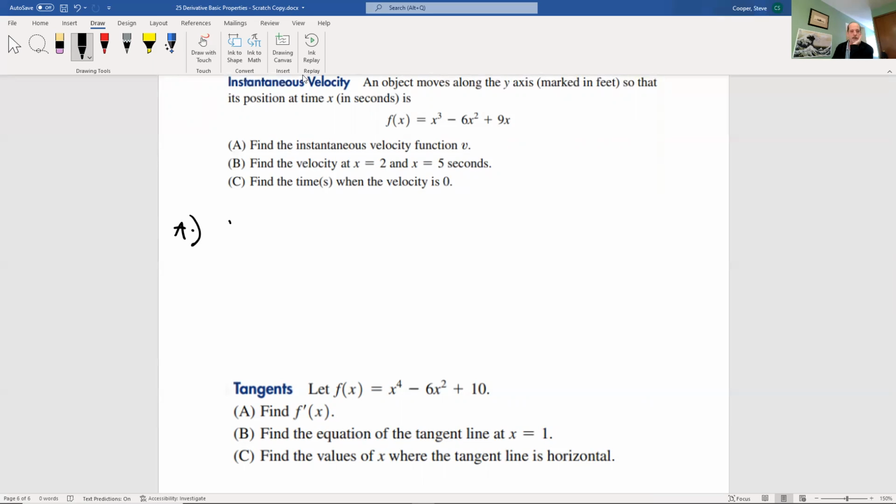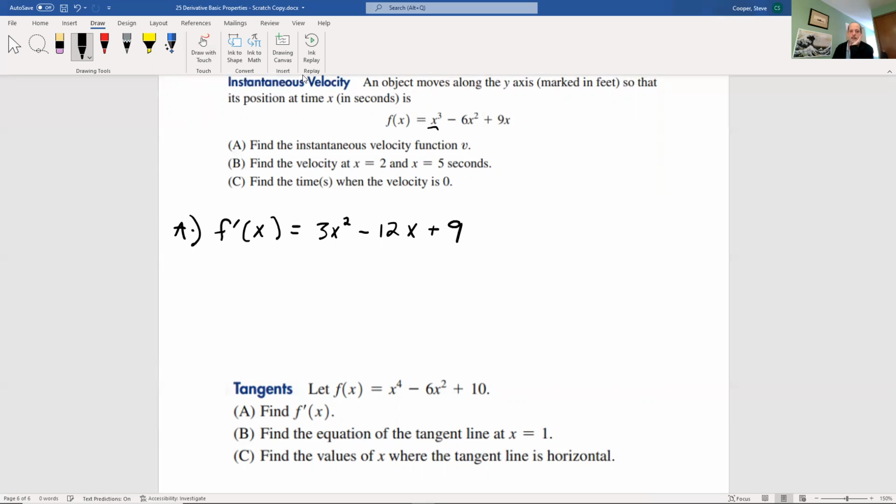So let's take f prime of x. Okay, so it's going to equal 3x squared for that first term. Then minus 2 times 6, so minus 12x to the 2 minus 1, which is just 1. And then this is going to just become the constant 9, because I'm going to take 1 times 9 times x to the 0, which is 1.